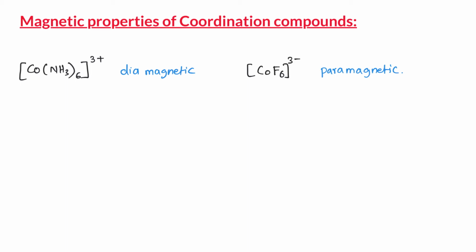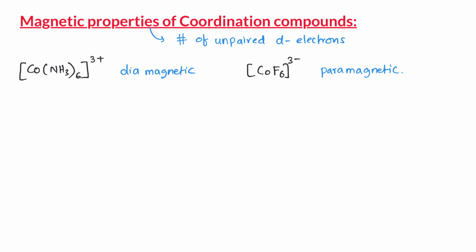We learned earlier that the magnetic properties are determined by the number of unpaired electrons in the d orbitals of the metal ions. The diamagnetic compounds have 0 unpaired electrons, while the paramagnetic compounds have non-zero number of unpaired electrons. So, let us find out the number of unpaired electrons in both of these compounds.